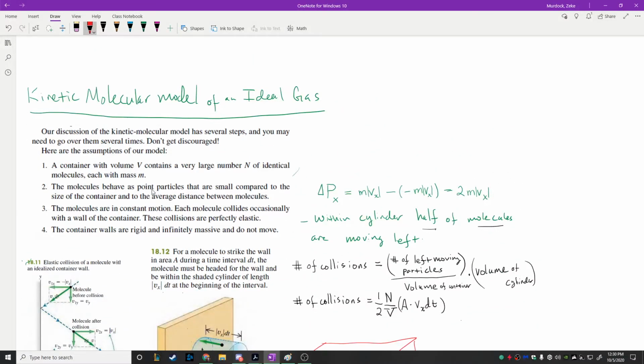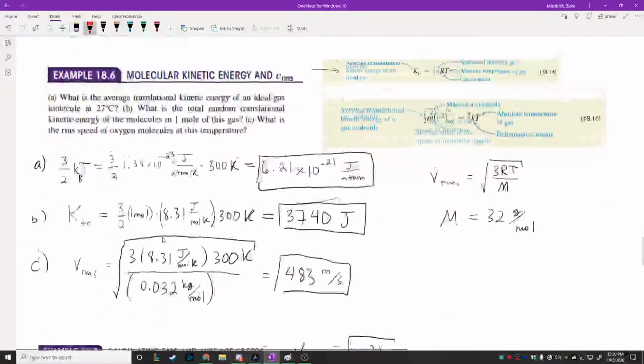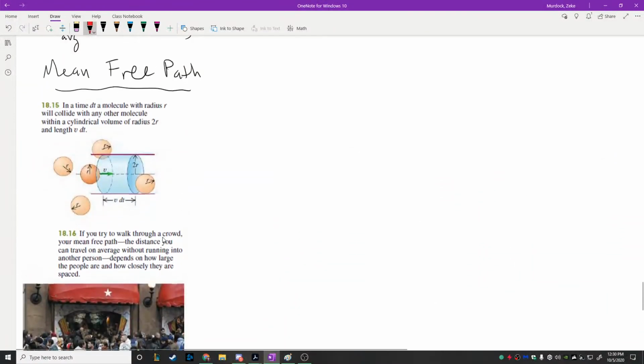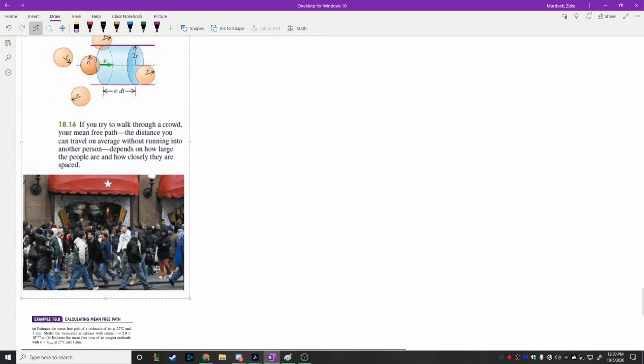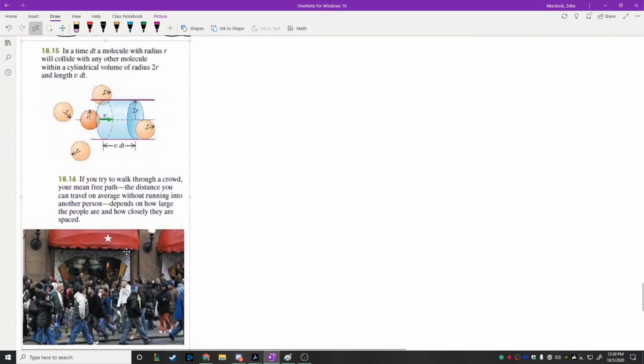We made the assumption that they were point particles, and we made the assumption that basically they don't collide with each other. Now we're going to say, well, that's ridiculous. They do actually collide with each other, and what we want to calculate now is how far they can go on average before they have to interact with another molecule. I included this little picture right here as well because it gives you an idea of what it is that we're describing.